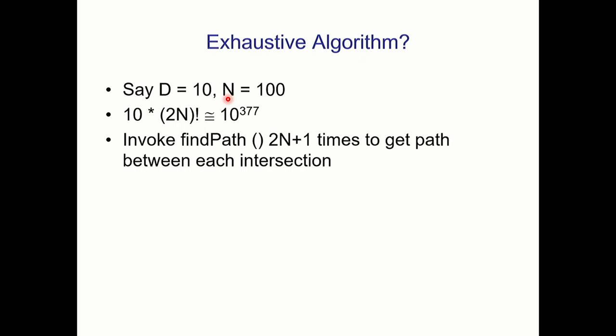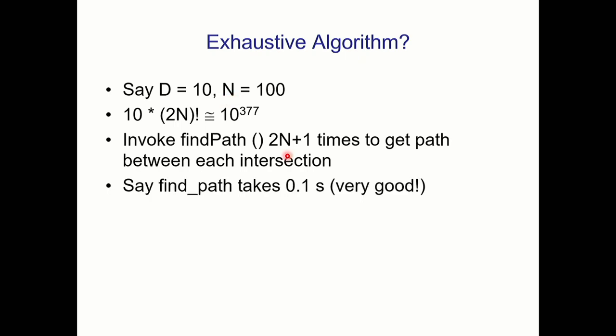Okay, so in this case, let's say that you've had a very good implementation of milestone 3, and you were able to achieve 0.1 seconds per call. This is actually a very good implementation if you're able to do it. So let's now calculate the overall time that's going to take us to find the solution. So 10 to the 377 times 201 times 0.1 seconds, and that's around 1.6 times 10 to the 378 seconds, okay?